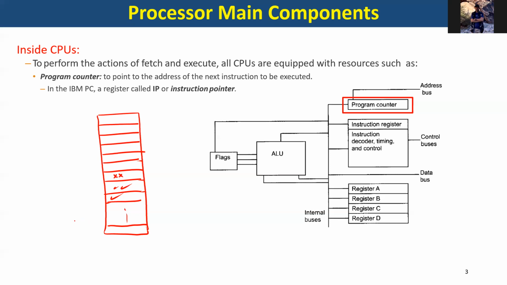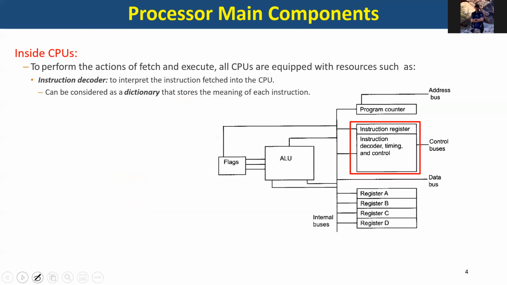So the processor needs to know which instruction it is going to execute. So that's why we have this program counter, or sometimes it's called instruction pointer. Both are the same. So if it's targeting this location, that means next time the processor executes some instruction, it will execute that one here. After executing that, this program counter will increment and go up to point to the next instruction, and so on and so forth. This is also a very basic component in any processor, actually.